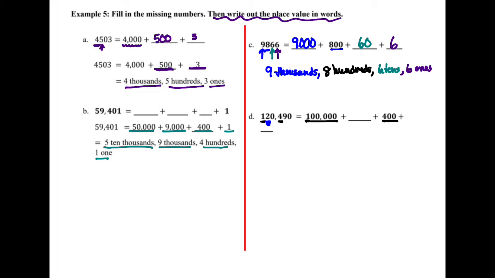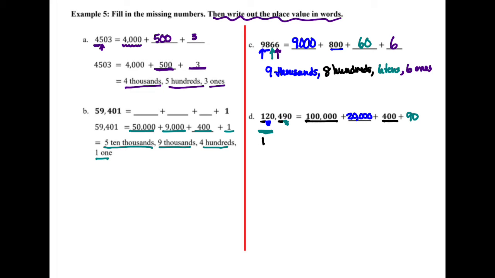So 2 is in the 10,000s, right? So 2 times 10 is 20. So it's the 20,000. And then the 9 is in the tens place. So 9 times 10. And instead of putting it down here, I'm going to put it over here where it belongs. Okay, plus 90. So let's write that one out.